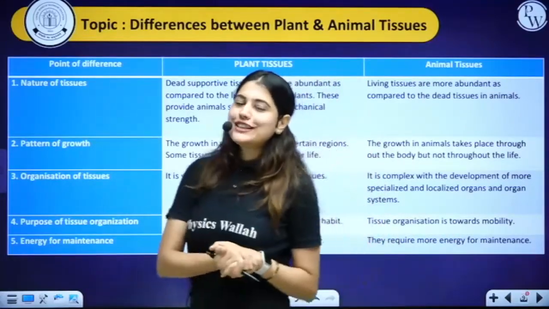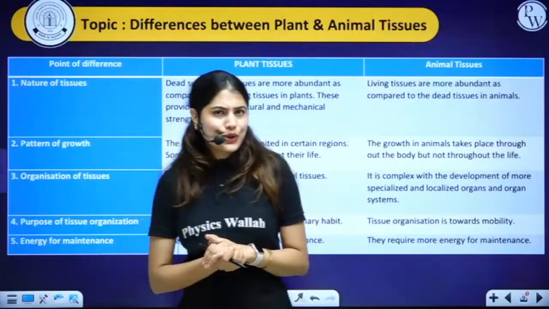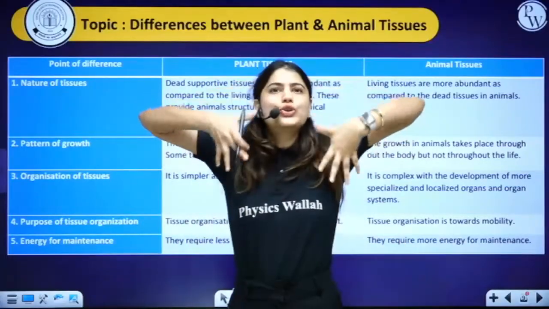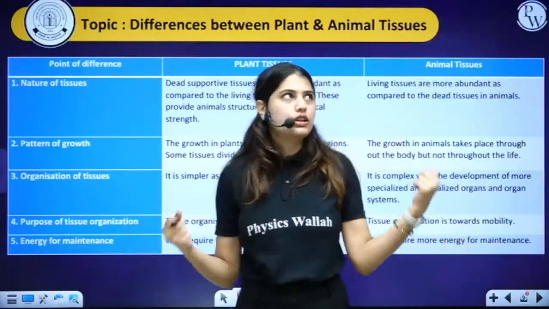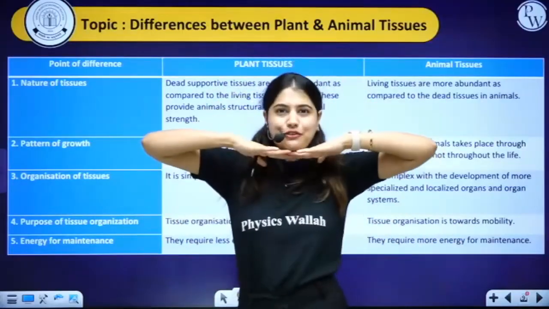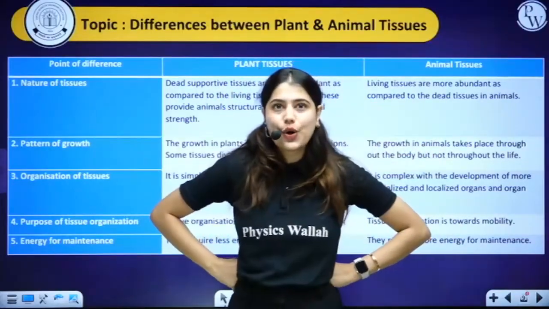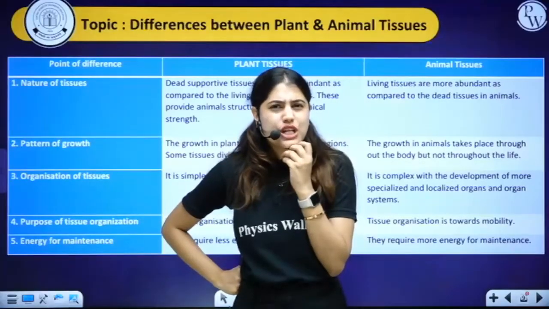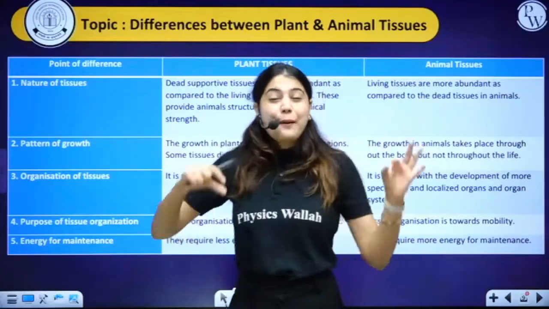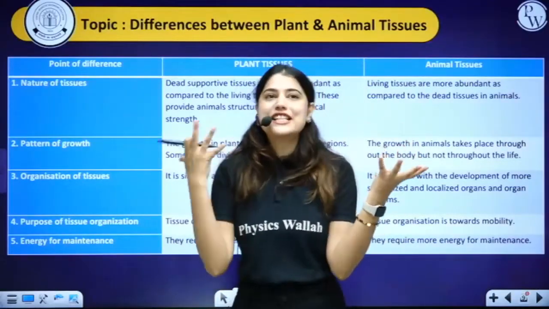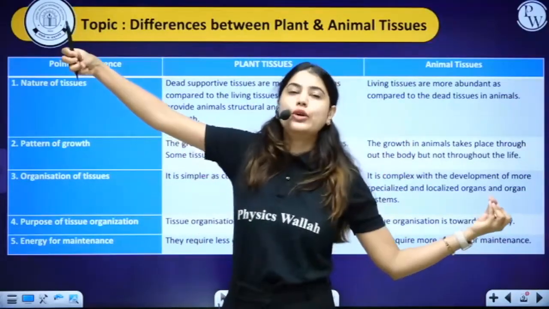One more difference I can mention here: do you see that your body grows throughout? Throughout the body you can see the growth. My fingers are growing, my face is growing, my body is growing. But if we talk about plants, do they show growth on each and every part? Answer is no. Plants only grow at specific areas, not throughout the body.